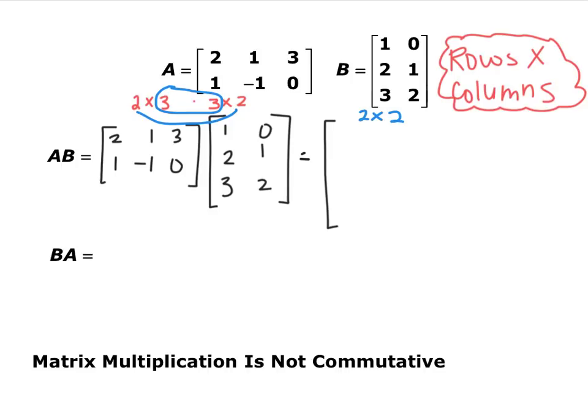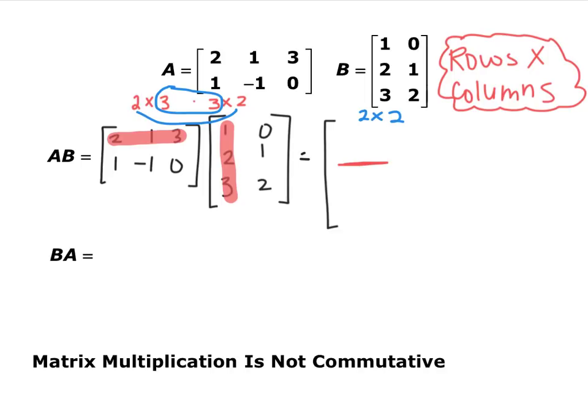When we multiply matrices together, it's not quite as simple as adding, where you just add each entry. You actually multiply the entire row of the first matrix by the entire column of the second matrix. If we want to find the entry in the first row, first column, then we multiply the first row of the first matrix by the first column of the second matrix. The way we do that is we multiply each entry.